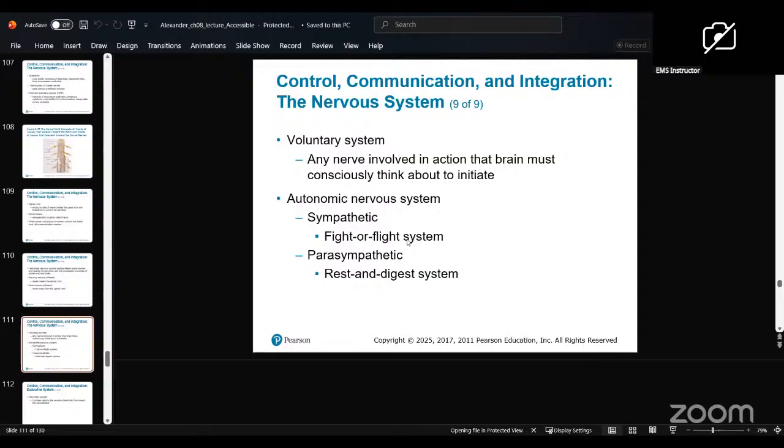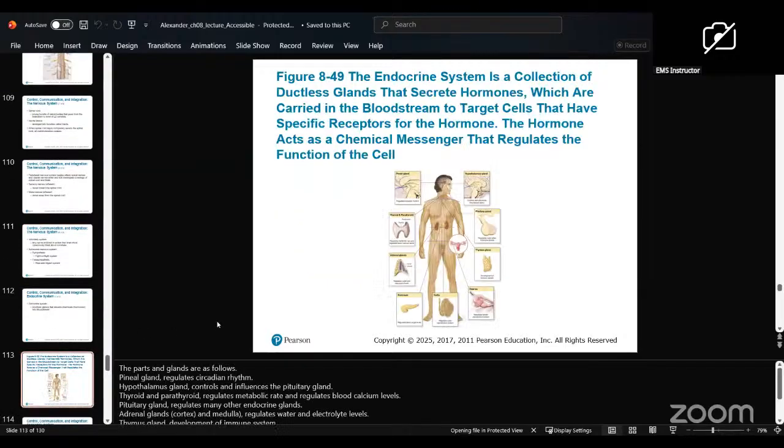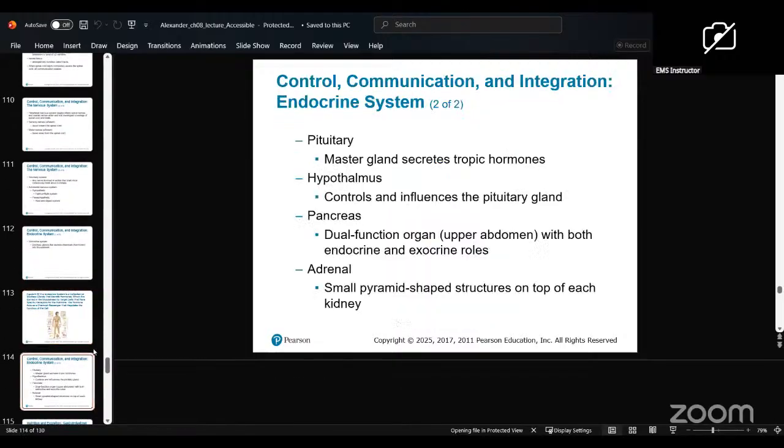Your sympathetic is your fight or flight system, and your parasympathetic is your rest and digest. Again, voluntary is any nerve that is involved in an action that the brain must consciously think about to initiate. We'll get more into that once we get into neuro, but just start remembering that now.